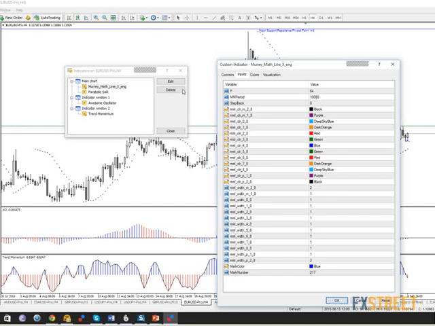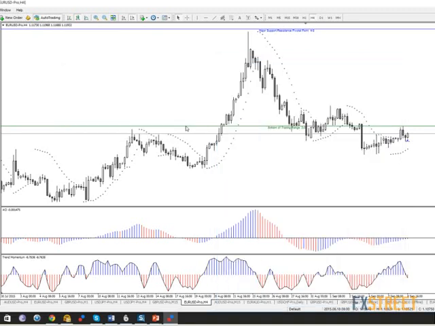Because Murrey lines are traded on the 4-hour time frame, and we need to use weekly pivot points, not daily pivot points. This is swing trading. That is why you should put 10.08 on the 4-hour time frame. I haven't tested it on lower time frames, so I cannot tell you that it's very effective there, but at this point it's effective on the 4-hour time frame.